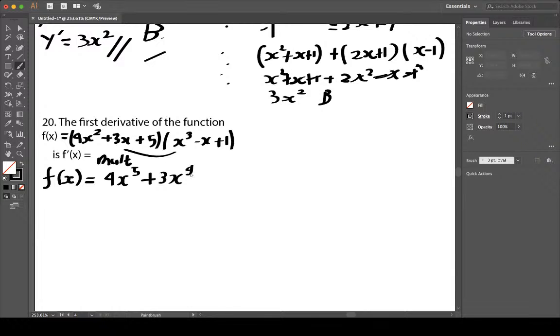So next, let's find something that would make an x to the power of 3. The way for you to get x to the power of 3 in here is to multiply this guy here, 5 and x cubed, and there is another one, which is 4x squared. Multiply that by x.